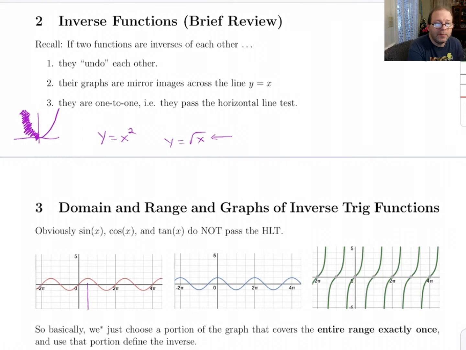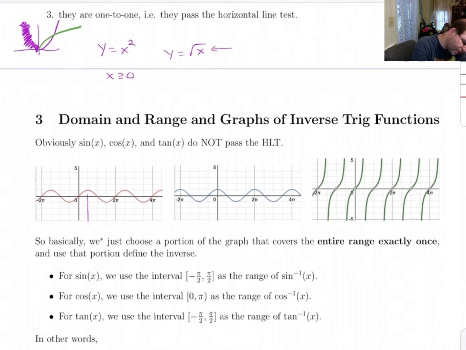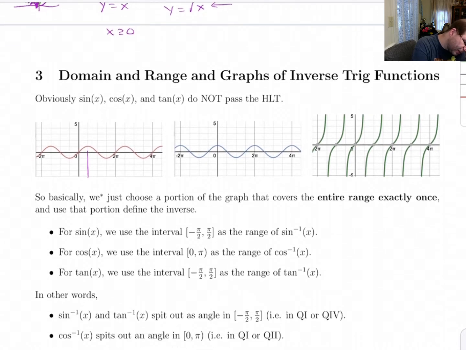So if we get rid of that bit, now y equals x squared, if we restrict this where x is greater than or equal to 0, by restricting the domain, now we've got two functions here that are inverses of each other. We're going to do the same thing down here for sine, cosine, and tangent.